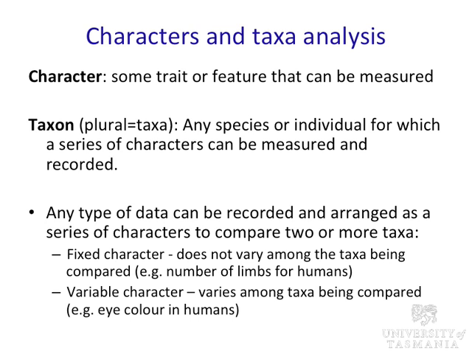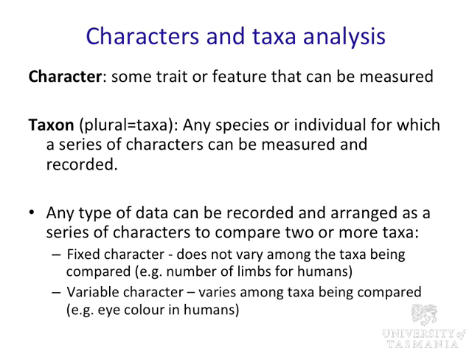So if we think about things we can measure, we can call them characters. So if we come back to people in the classroom, for example, we can talk about blonde hair, black hair, blue eyes, brown eyes. They are characters.